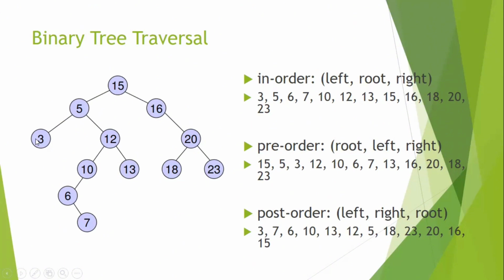So here, the left one is 3, going to 7, then to 6, then to 10, then going to 13, then 12, then 5, then 18, 23, 20, then 16, then the root, which is the last one, 15.